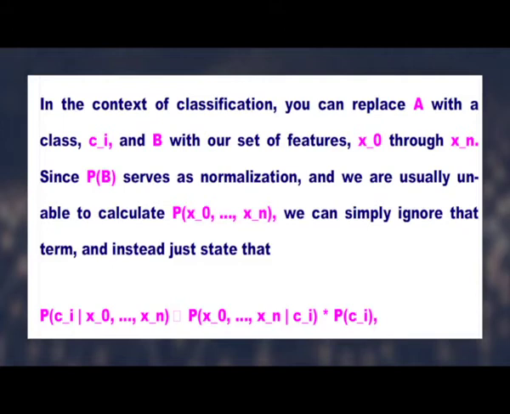Since probability of B serves as normalization and we are usually unable to calculate probability of x0 through xn, we can simply ignore that term and instead just state that probability of Ci given x0 through xn is proportional to probability of x0 through xn given Ci into probability of Ci.